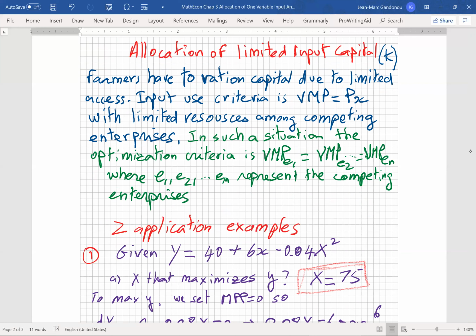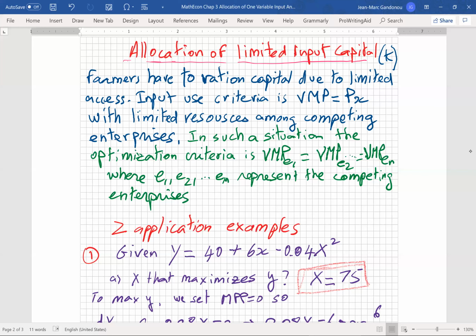So one more thing that we have to talk about is the optimum input allocation when the farmer has more than one enterprise. In economics, we call an enterprise basically a product that the farmer produces.